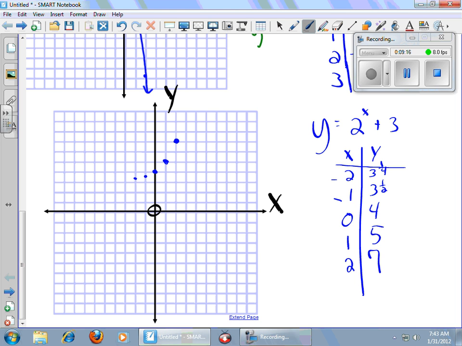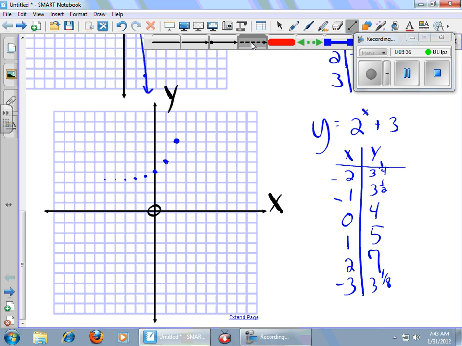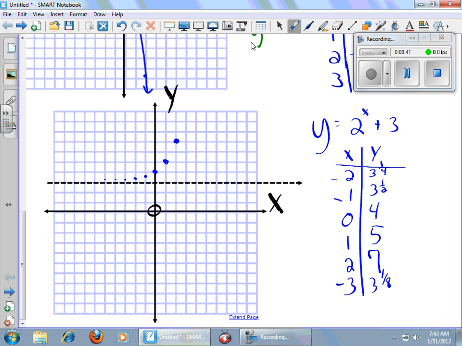If you're still not sure, plug negative 3 in, and we're going to get 1/8, so this will be 3 1/8. You can see as x gets smaller and smaller in the negative direction, these points are getting closer and closer to this line right here. That would be the line y equals 3, because y is always 3 on that line.